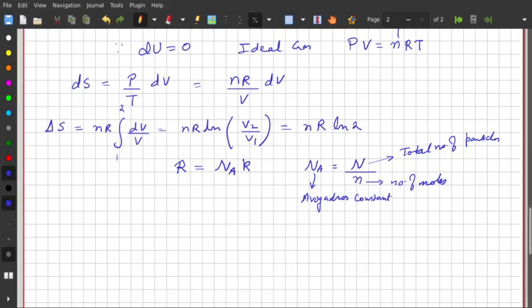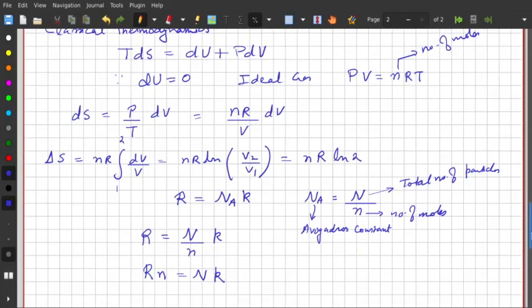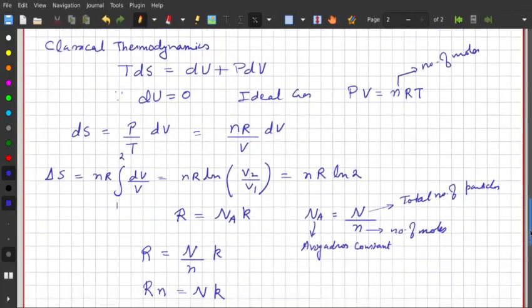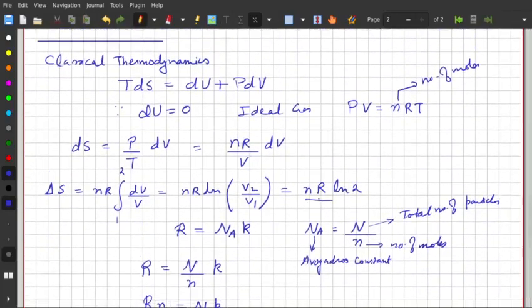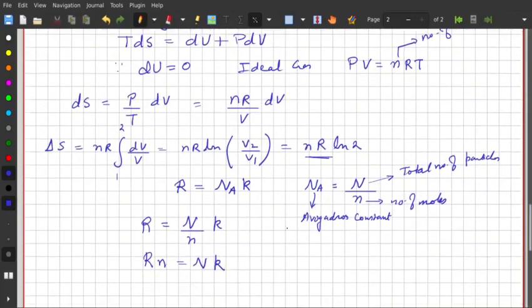So using this, R can be written as capital N by small n times k, or nR equals N times k. So here we had nR, but nR, as we saw, is the same as Nk.